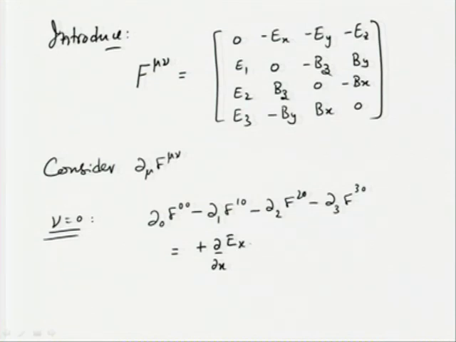Okay, so I made a mistake in the notation. It should have been written as E_x, E_y, E_z, not E_1, E_2, E_3, because that is the notation we are using. So the second one is ∂/∂x of E_x, plus ∂/∂y of E_y plus ∂/∂z of E_z, which is essentially the divergence of E, that is when ν equals 0.